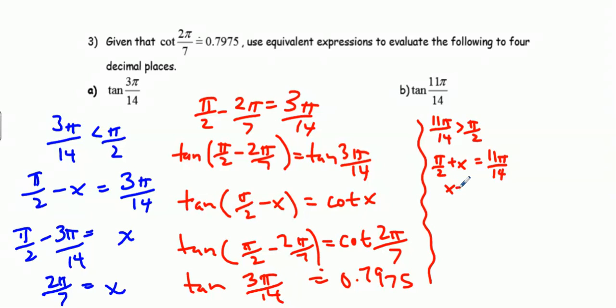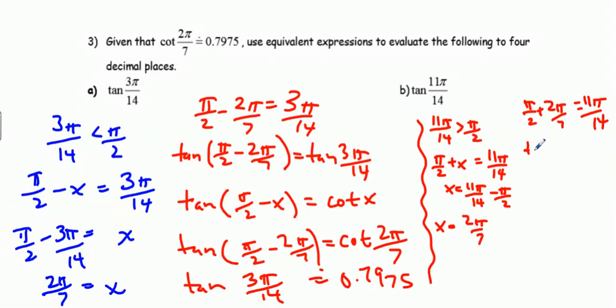So x is going to equal 11 pi by 14 minus pi by 2. 11 pi by 14 minus 7 pi by 14, which is this equivalent, is 4 pi by 14, which is 2 pi by 7. So again, we have that pi by 2 plus 2 pi by 7 equals 11 pi by 14.